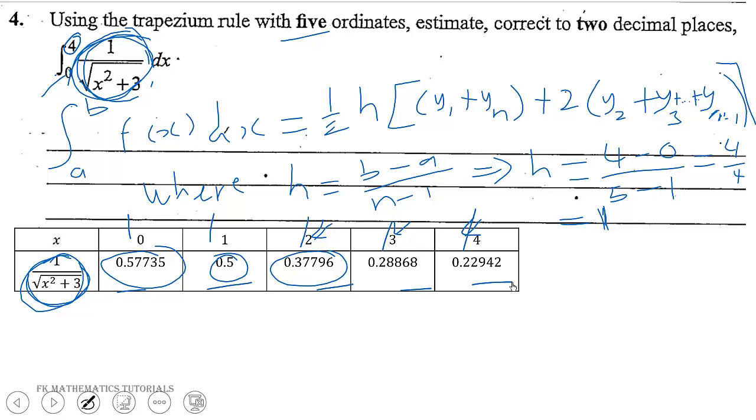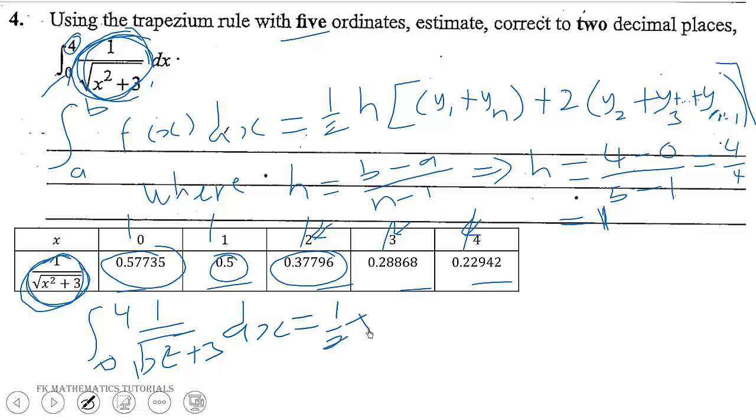So we will get the integral from 0 to 4 of 1 over the square root of x squared plus 3 dx to be equal to 1 over 2 times 1, square bracket, we have 0.57735, then plus the last y value here, which is 0.22942.